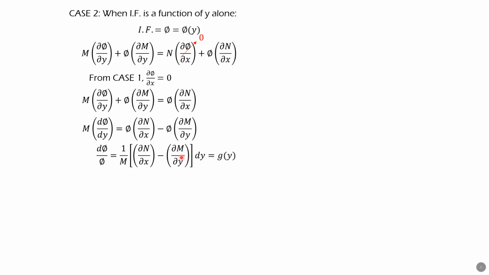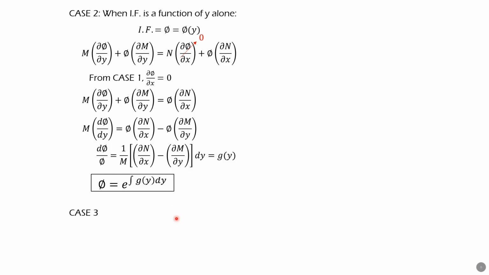And because this should be a function of y alone, we call it g of y. Therefore, with the same procedure as in case 1, integrating, ln of p equals the integral of g of y. So therefore, p is equal to e to the integral of g of y dy, which is the same form as in case 1.